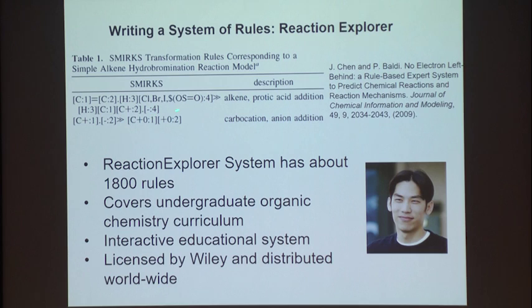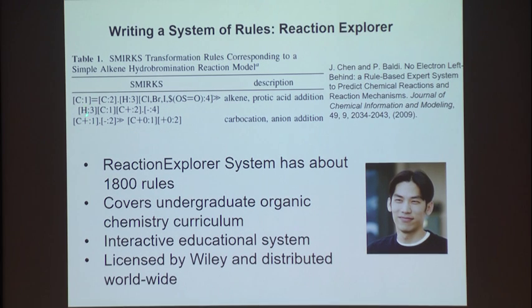Basically, you can write reactions using a slight generalization of SMILES strings, where you have SMILES strings for the reactants, and the reaction gives the product. Here are the SMILES strings for the product. The key difference is you have to number all the atoms so that you have a proper atom mapping between all the atoms on the left-hand side and all the atoms on the right-hand side of the molecule.